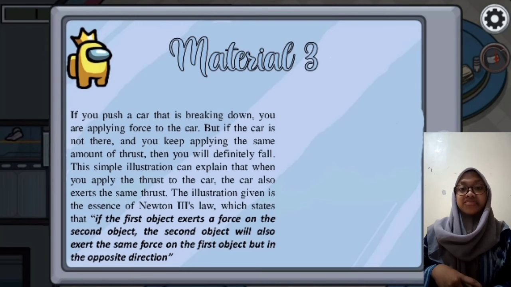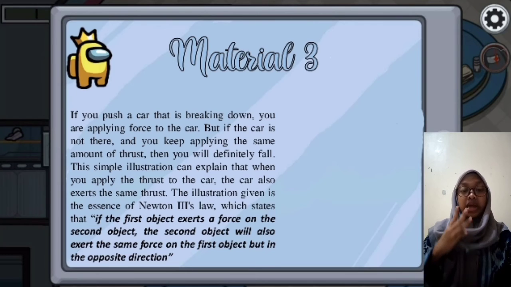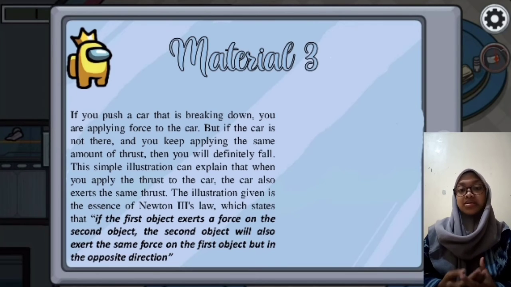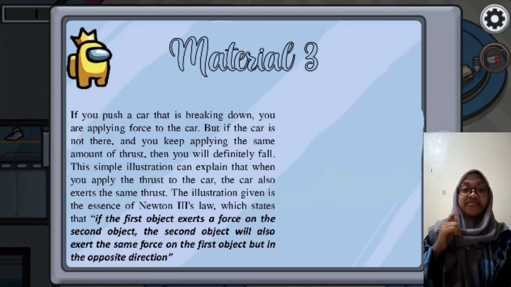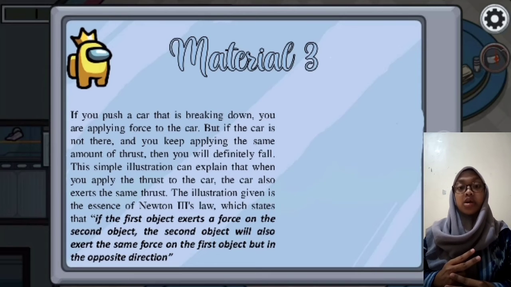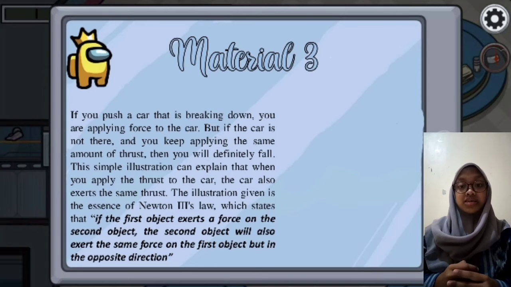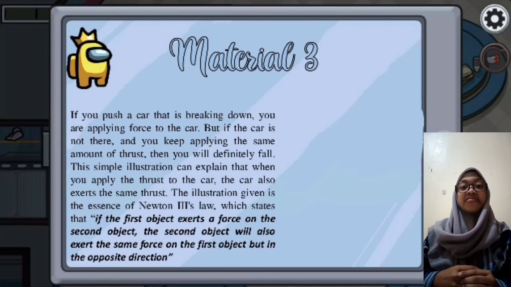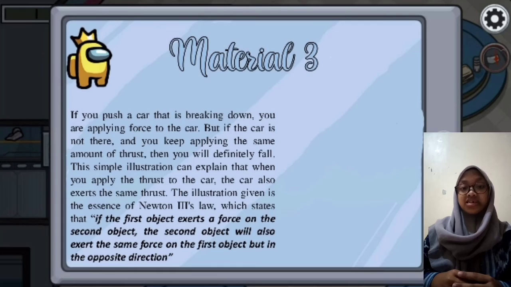The illustration given is the essence of Newton's third law, that if the first object exerts a force on the second object, the second object will also exert the same force on the first object, but in the opposite direction.